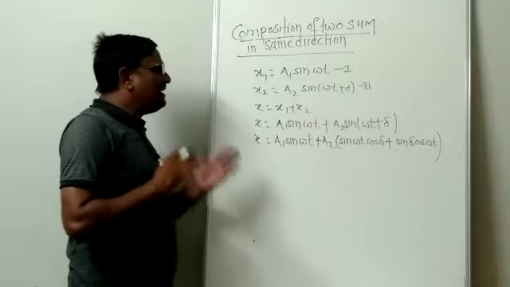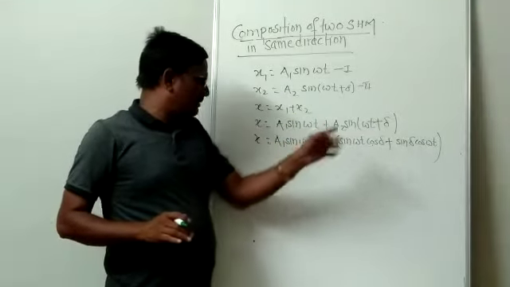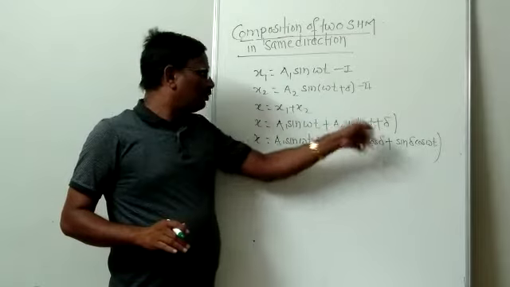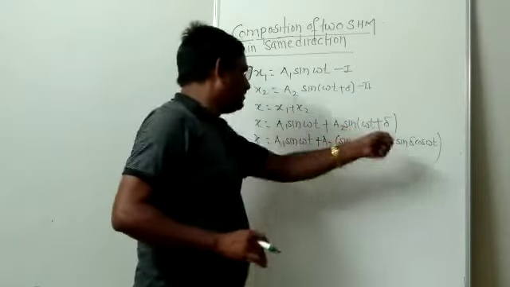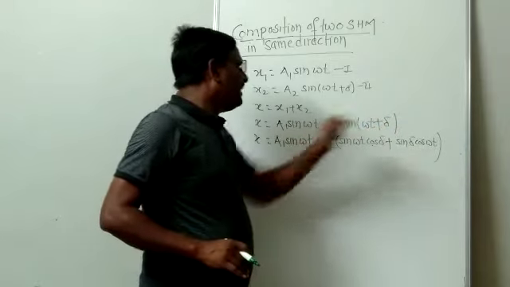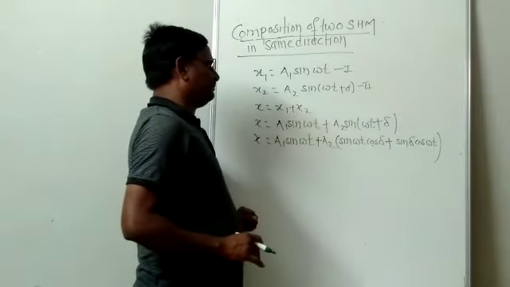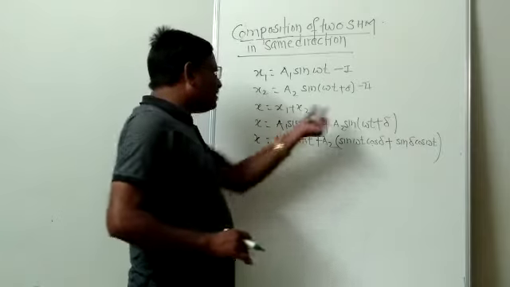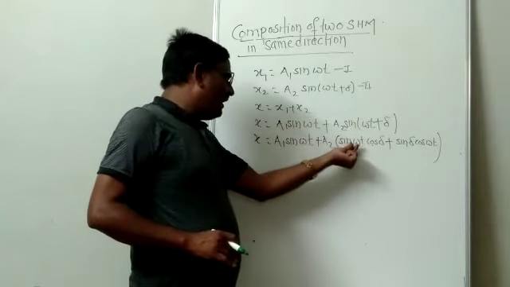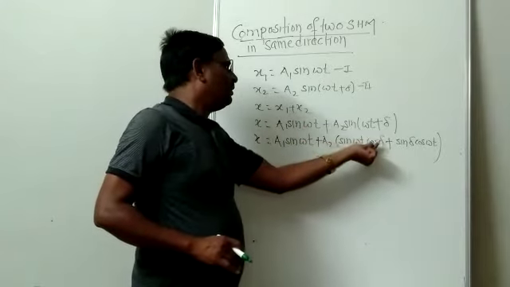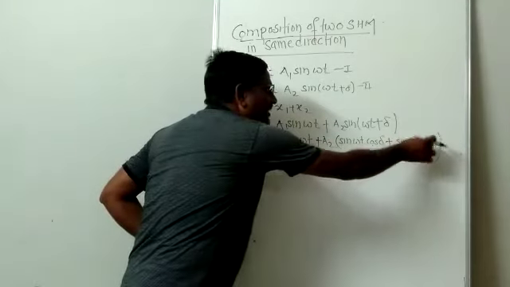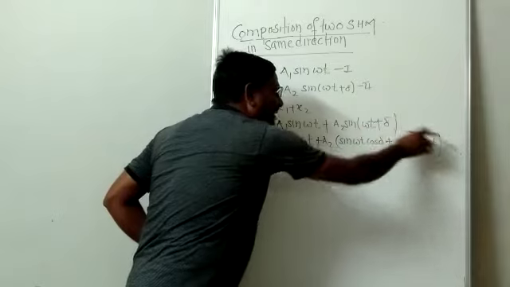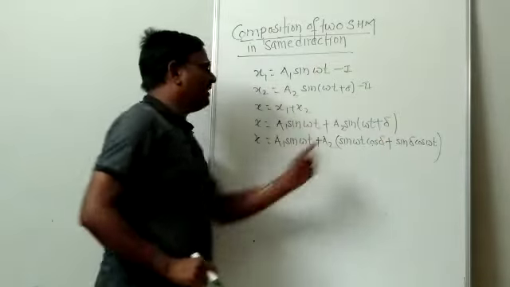Sin A plus B is sin A cos B plus cos A sin B. This is the expansion: sin omega t cos delta plus sin delta cos omega t.